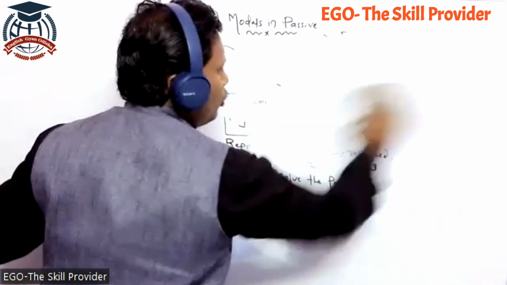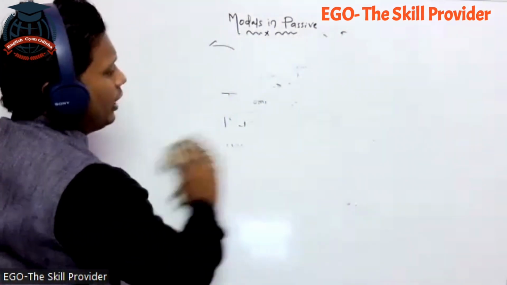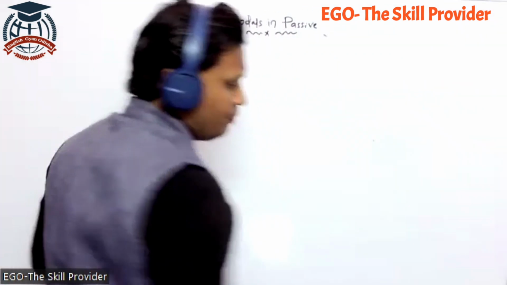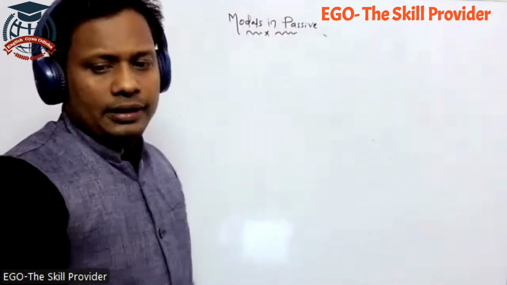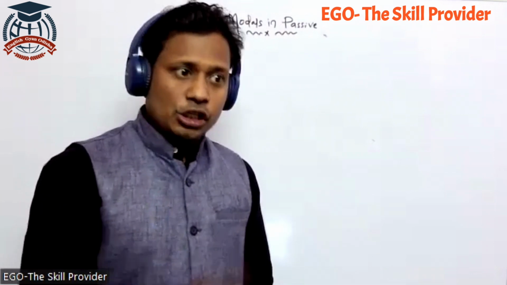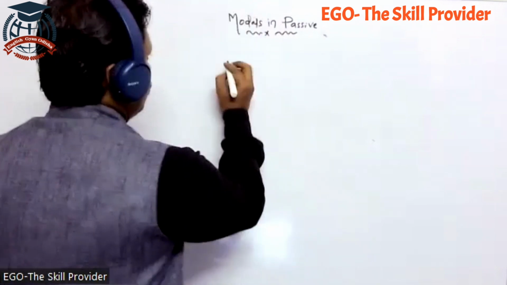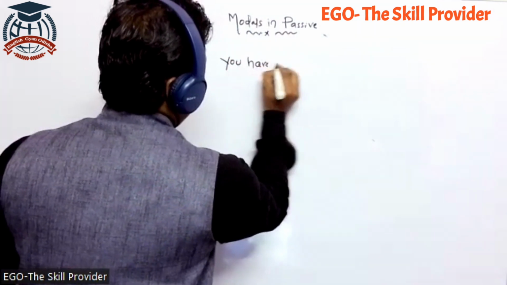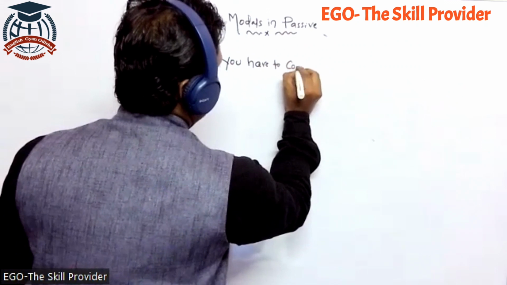Okay, so let me give another example. Suppose I may have to, I am telling a sentence and I will explain its meaning, how exactly. Suppose like in my team a lot of people are there. So out of which Swagatika ma'am. So I tell Swagatika ma'am, ma'am, you have to complete the task.